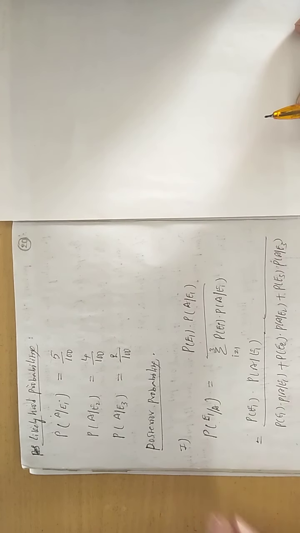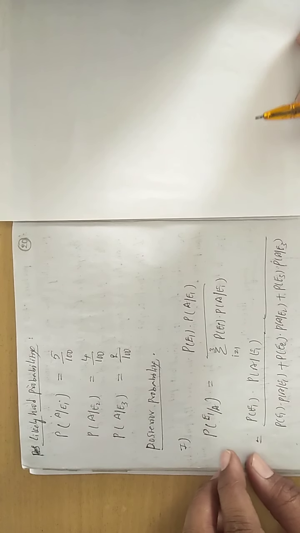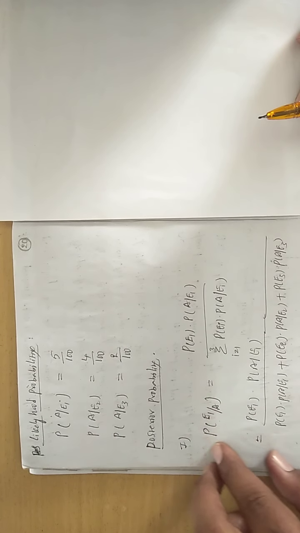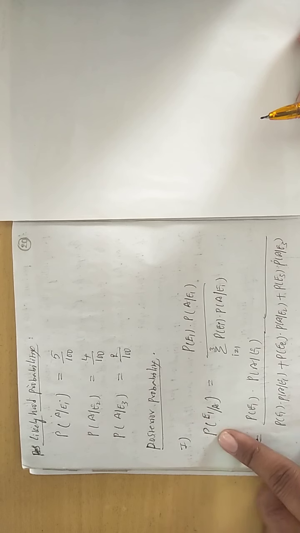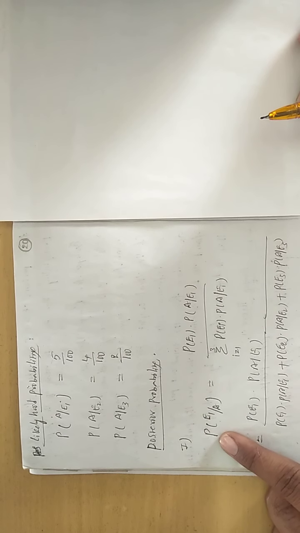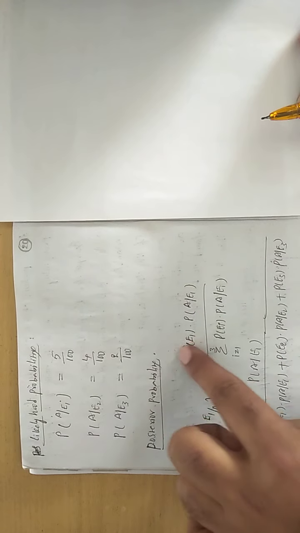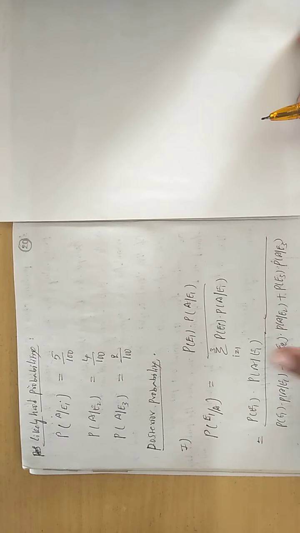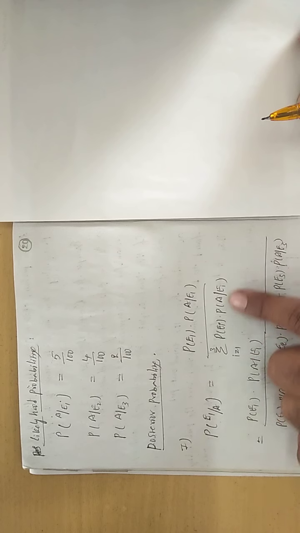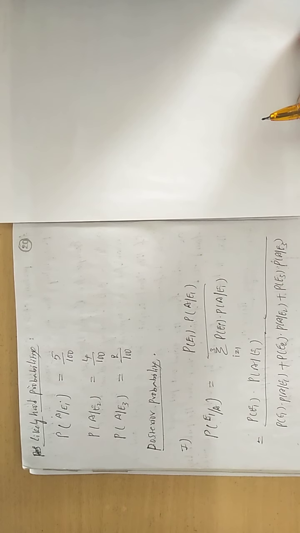Now look here: in the formula, whatever is required, that probability you write on the left-hand side. This conditional probability you write in the numerator, but in the denominator you are expanding all the information. Only that is the change.